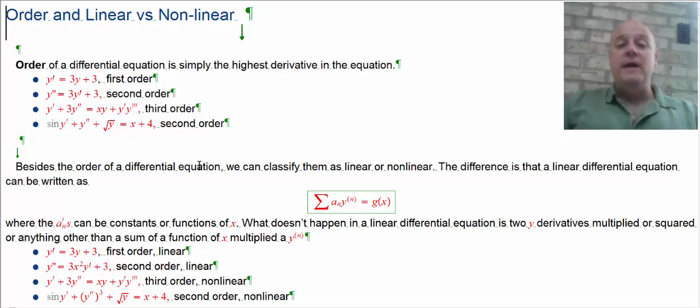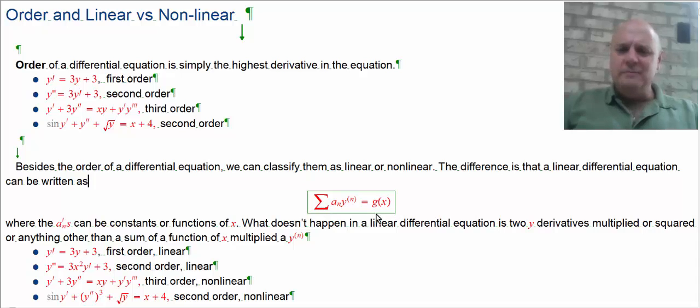The next thing to think about is whether or not an equation is linear or nonlinear. What we mean by linear and nonlinear is linear or nonlinear in terms of y, the dependent variable. Here's a mathy way to write a linear equation: some weighted sum of the derivatives of the dependent variable is equal to some function of x, the independent variable.